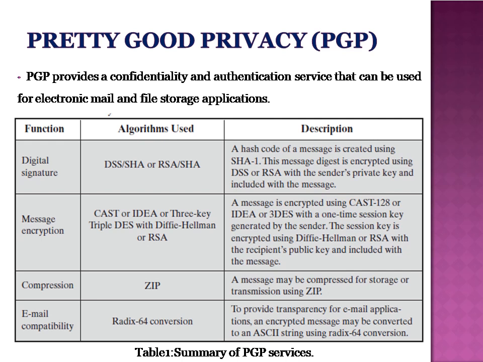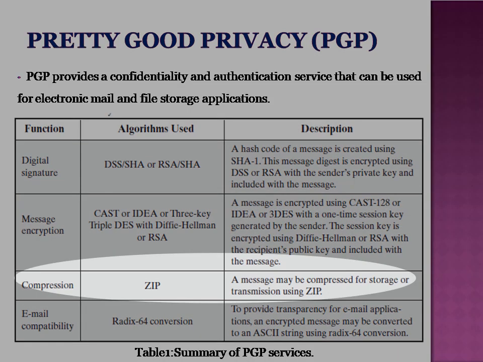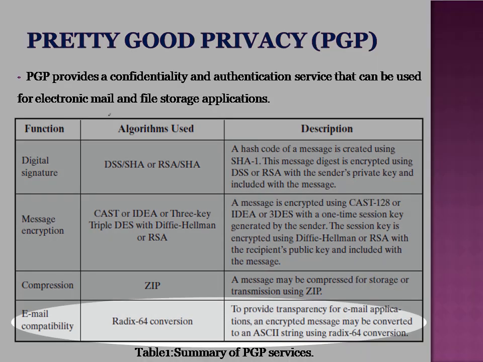Moving on to the next service, which is compression. The algorithm used is zip, and the description is as follows: a message may be compressed for storage or transmission using zip. Lastly, we have email compatibility, and the algorithm used here is Radix 64 conversion, and the description says that in order to provide transparency for email applications, an encrypted message may be converted to an ASCII string using the Radix 64 conversion.